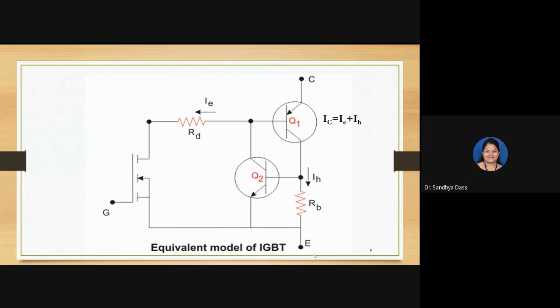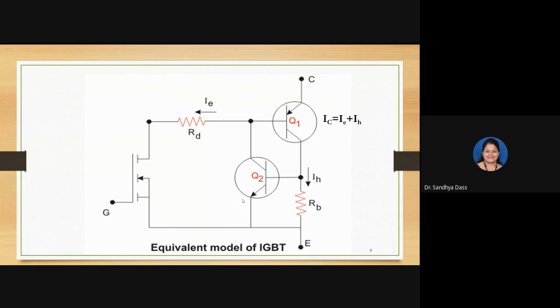I'll repeat. There is a typical phenomenon in IGBT that we call latching up. Latching up of IGBT is when the collector current, that is the output current, exceeds some threshold value, and then this parasitic transistor gets latched up.